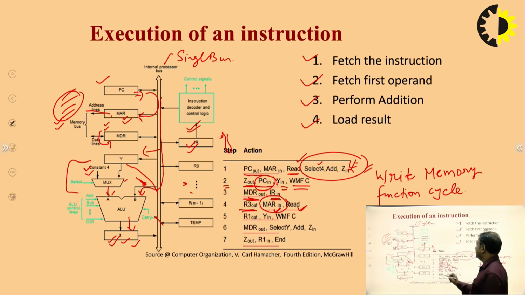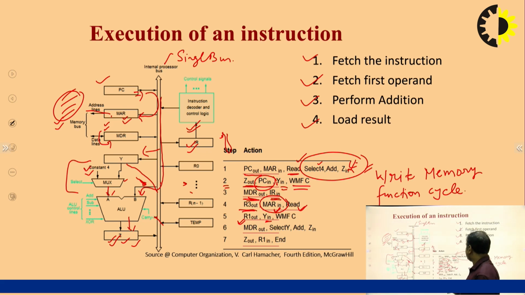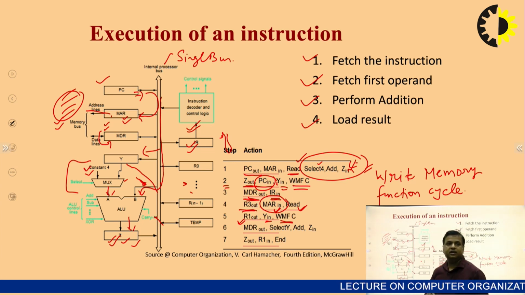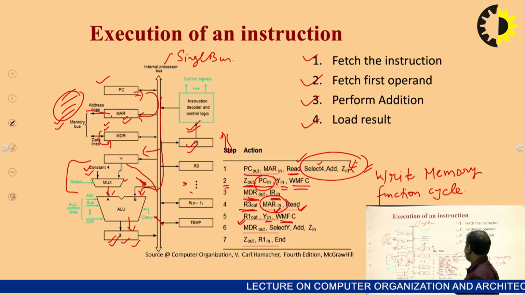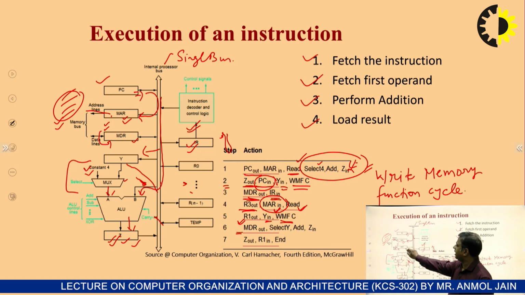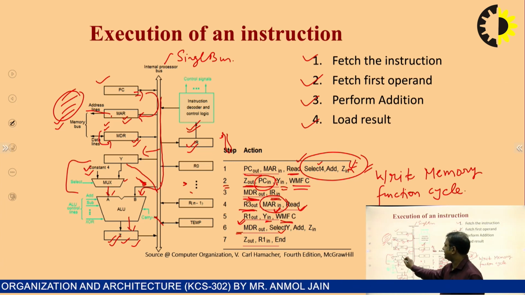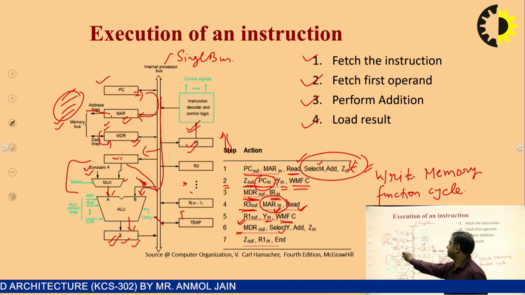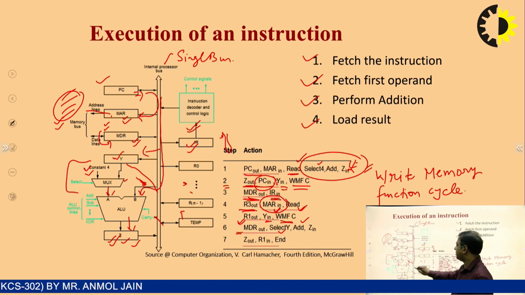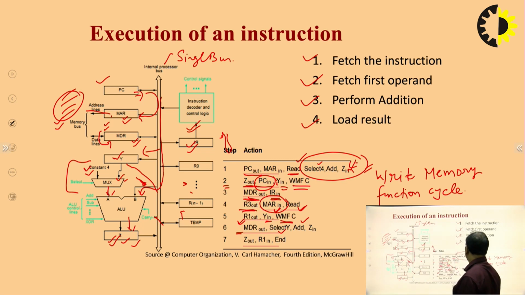Next, R1 out, the contents of R1, that means my second operand, and this R1 comes into Y, that is my temporary register, and again WMFC, wait for memory function cycle, is completed. Next, MDR out, whatever the contents in the memory data register will come out. Select Y, perform the addition operation with the help of Z in.